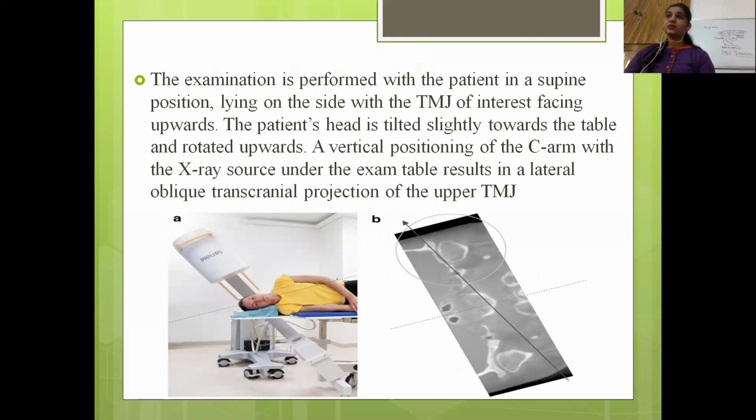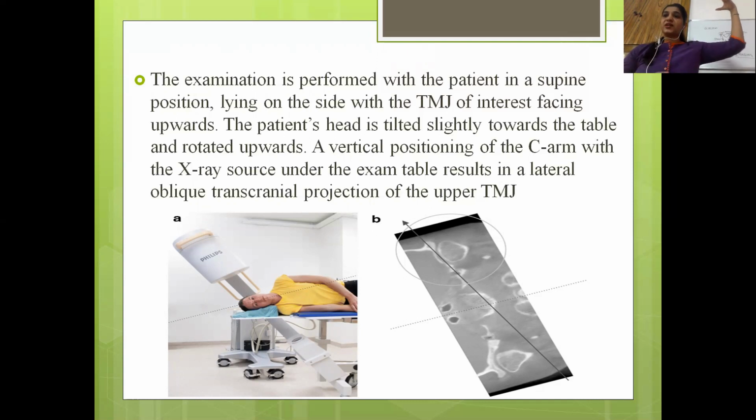Now, I just wanted to put this picture to show how TMJ arthrography is performed. The examination is performed with the patient in a supine position, lying on the side, with the TMJ of interest facing upwards. Supposing this is the light source, the patient is advised to lie down, and then the source is projected from the upside.